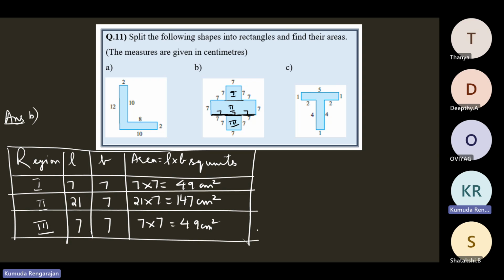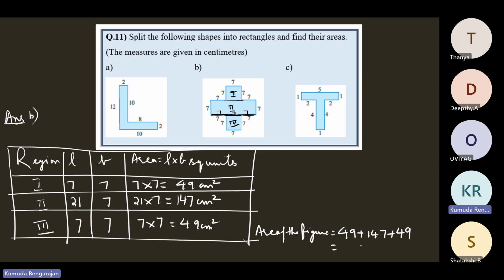Very good. Yeah. So what's the area of the figure? The area of the figure is 245 centimeters square, ma'am. But what should you say before that? 49 plus 147 plus 49, ma'am.